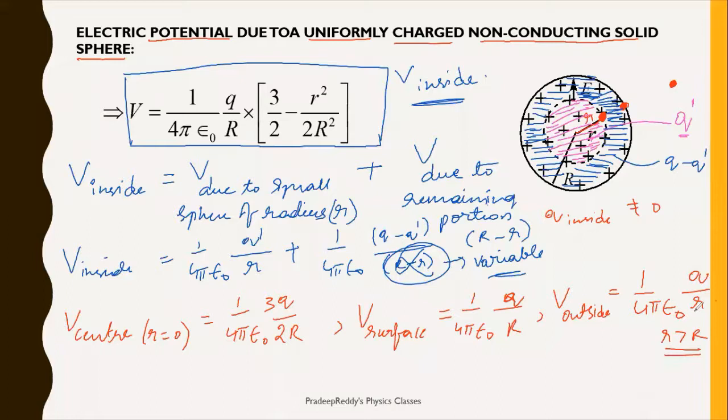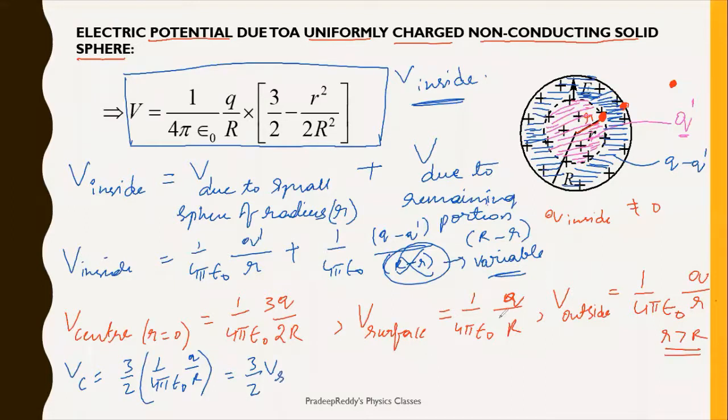Now you have one small relation between potential on the surface and potential inside at the center. See, potential at the center you can write like this: it is equal to 3 by 2 into 1 by 4 pi epsilon naught q divided by capital R. This is equal to 3 by 2 times that of the surface.